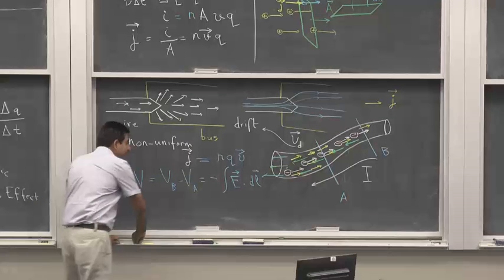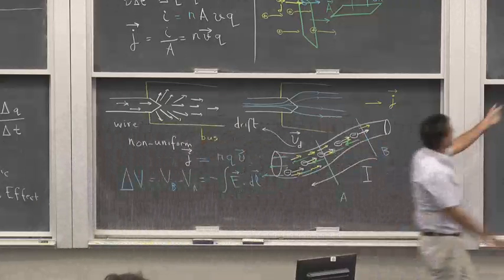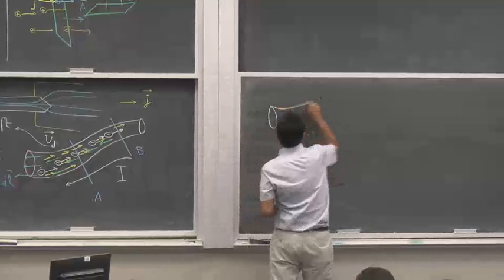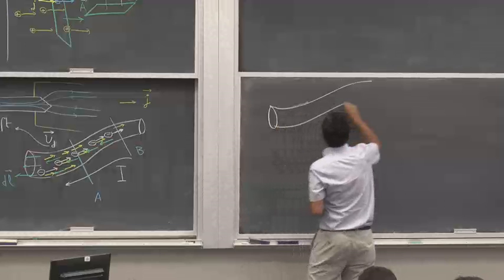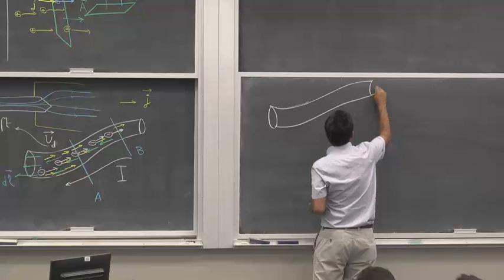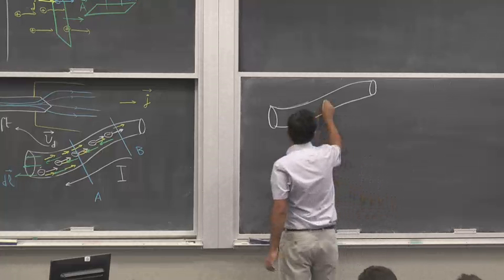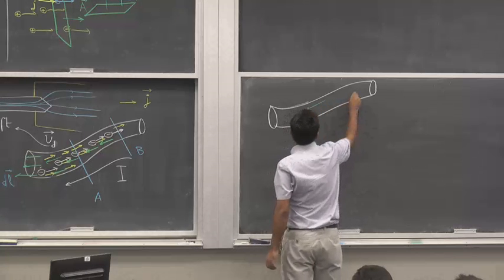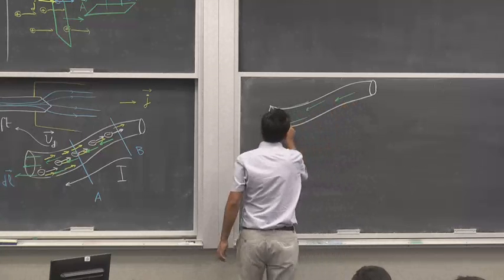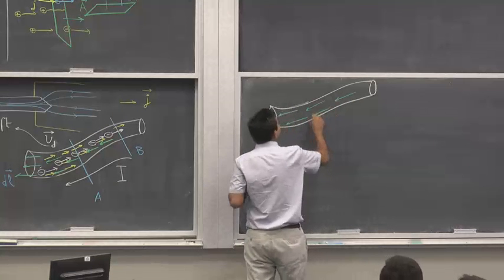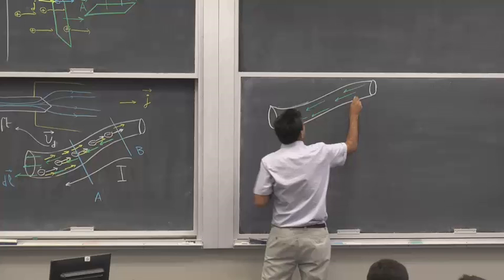Now if I draw this wire again, I'm drawing it in a slightly bent fashion on purpose. An electric field has been set up in this wire. This electric field is changing its direction, but it's always axial with this conductor.